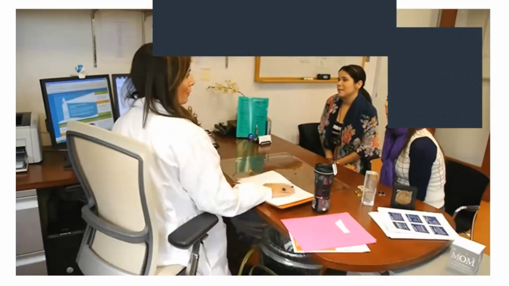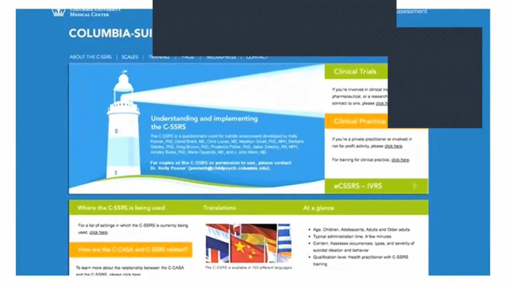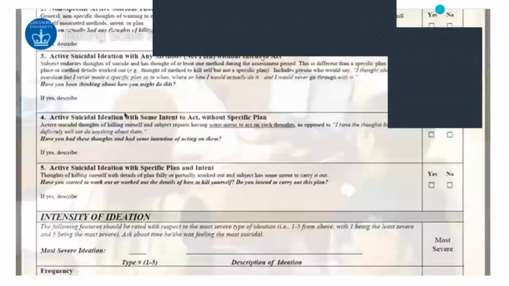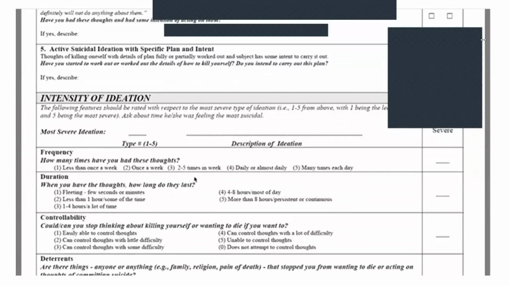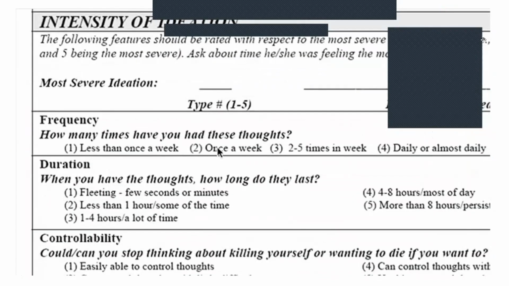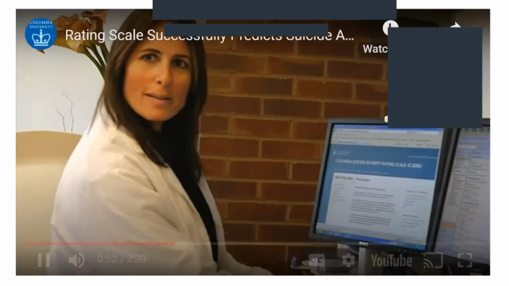The Columbia Suicide Severity Rating Scale was developed in the context of a national trial to meet this great need in the field that hadn't been met before in terms of how to best identify people at risk. For the first time, and as long as anyone can remember, we may be actually able to make a dent in the rates of suicide that have existed in our population and have remained constant over time. And that would be an enormous achievement in terms of public health care and preventing loss of life.